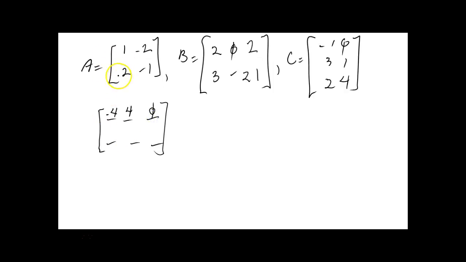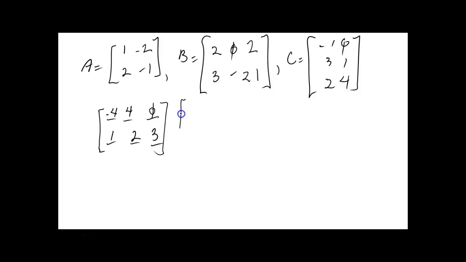The 2, 1 entry would be second row by first column: 4 minus 3 would be 1. The 2, 2 entry, second row, second column, 0, 2. And the 2, 3 entry would be second row, third column: 4 minus 1 is 3.